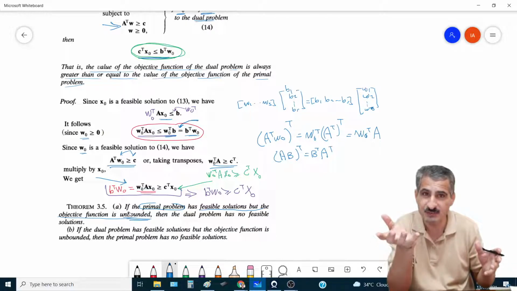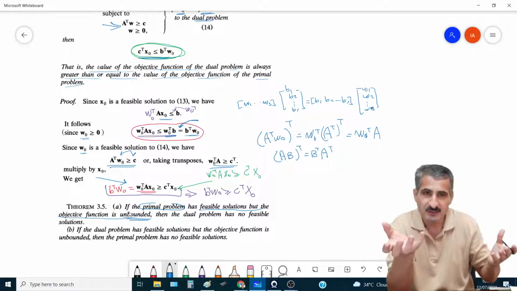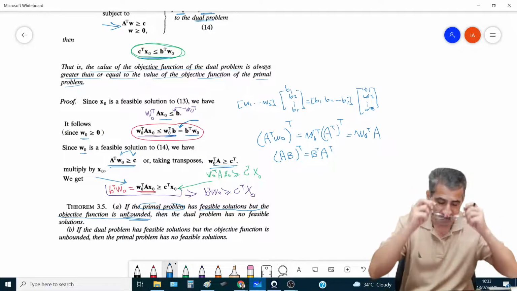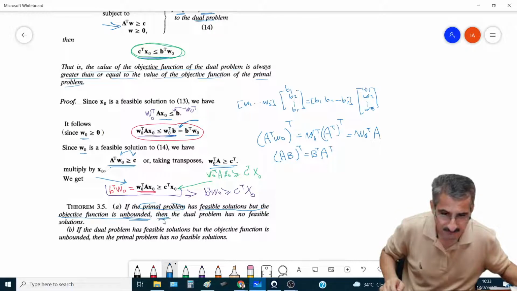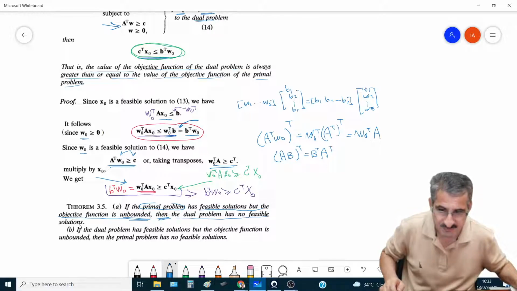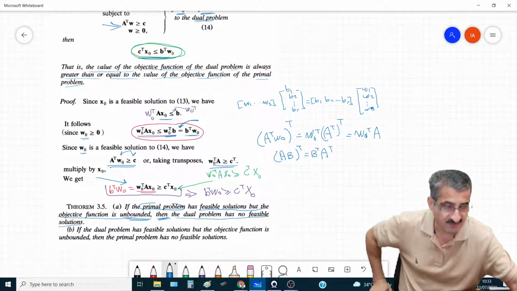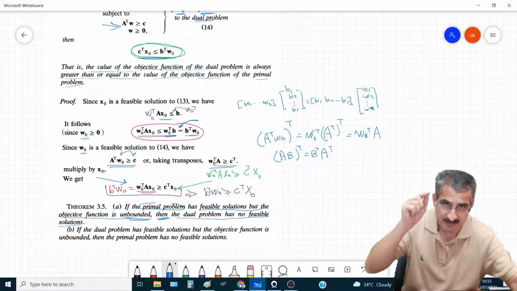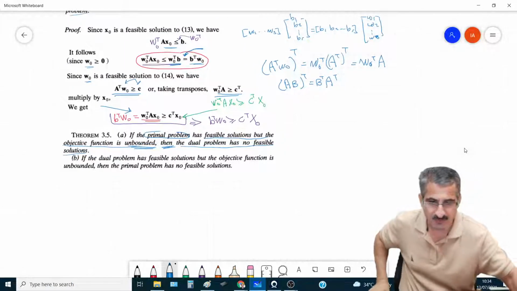But we have a feasible solution for the primal problem for which the objective function is infinity, and the dual value is bigger than that. So the dual problem does not have a solution. So this is the conclusion: the dual problem has no feasible solution. So if a feasible solution for the primal gives you an unbounded objective function, then the dual problem has no feasible solution.